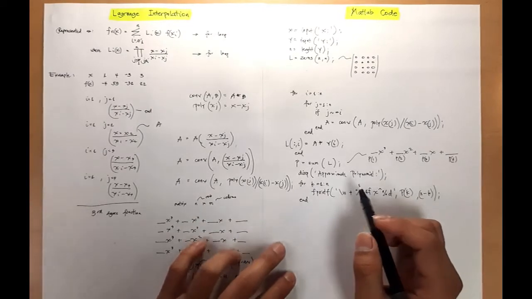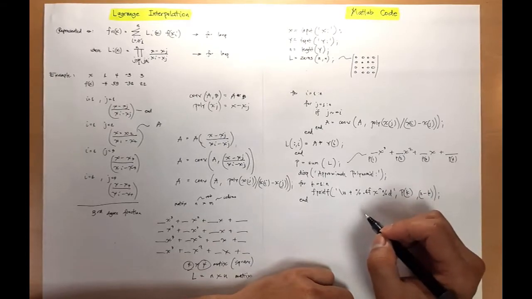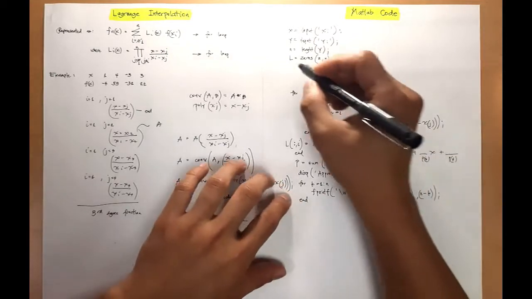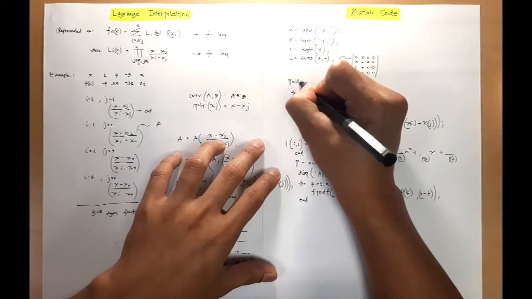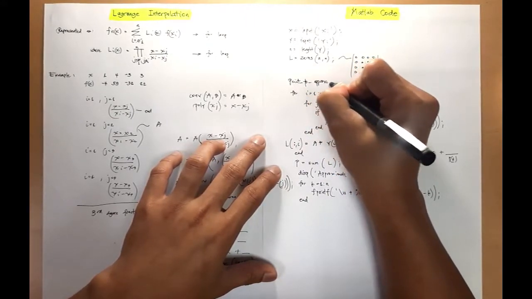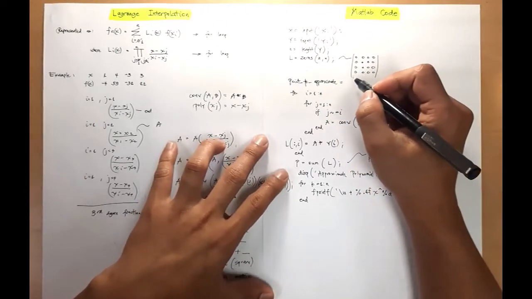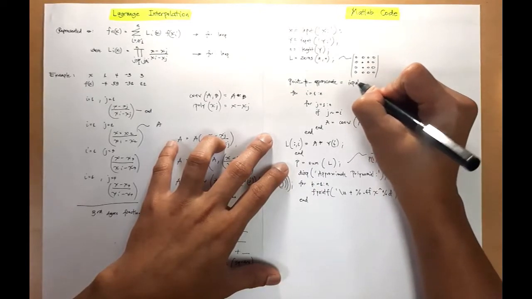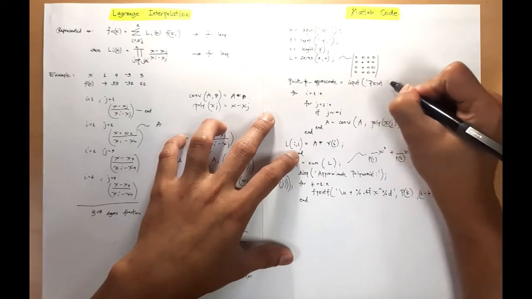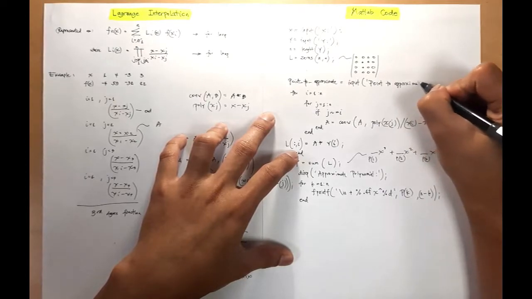For example, we want to approximate the value of y at some particular point. Then we can also do that. Let's just introduce another variable, point to approximate, equal to input. We have to ask first the user what is the particular point to approximate.